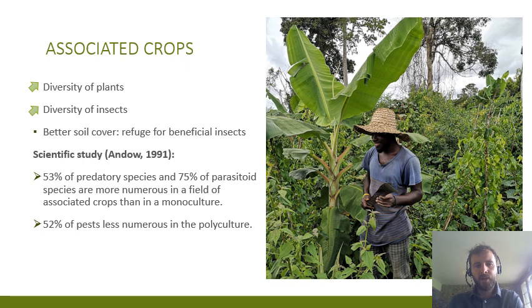So a study by Yando in 1991 showed that the beneficial species, so predatory and parasitoid species, are more common in an associated plot than in a monoculture plot. And you have 50% less pests in the polyculture than in the monoculture.